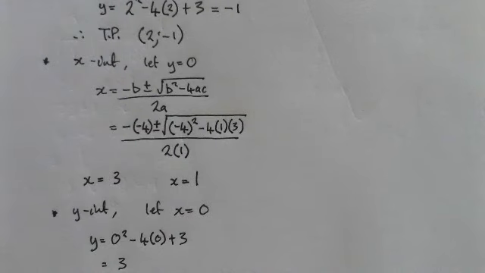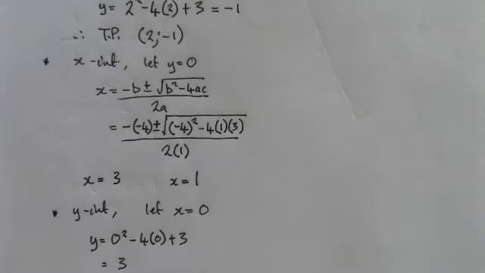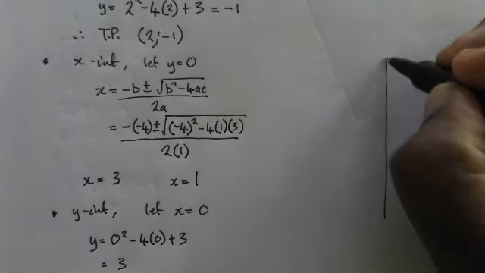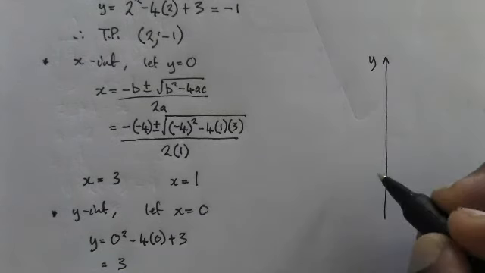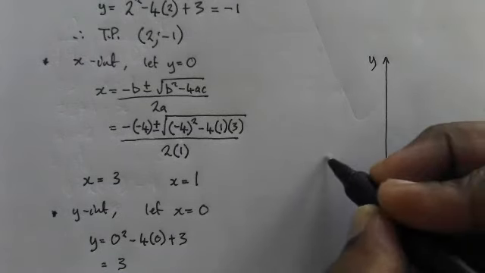Okay, nice. Because now we have our turning point, our x-intercept and our y-intercept, it's easy for us to draw the graph now. So let's just draw the graph. This is the y-axis.